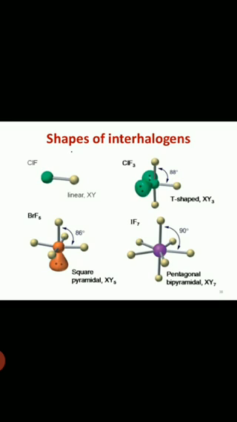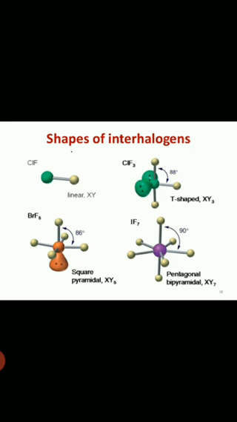So at the end we can conclude that in interhalogen compounds, the first element we write will be less electronegative and larger in size.